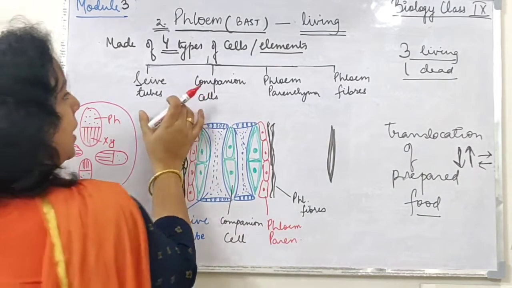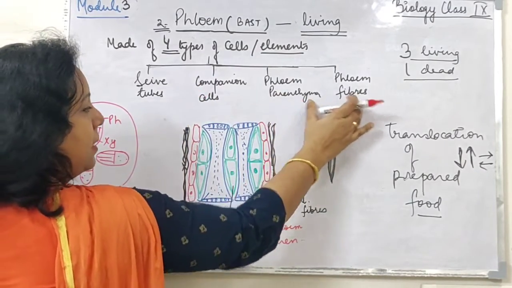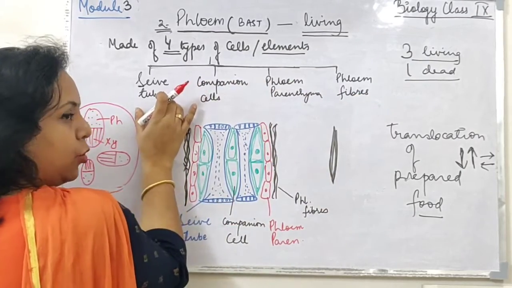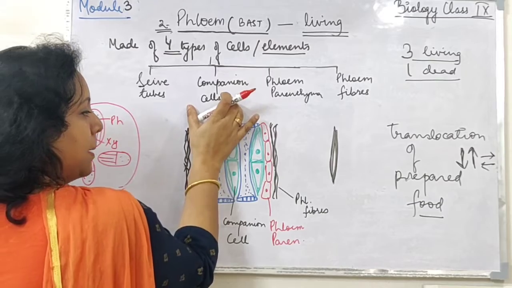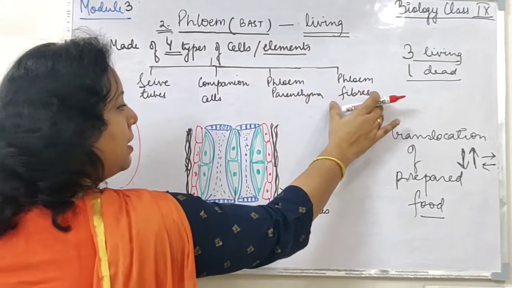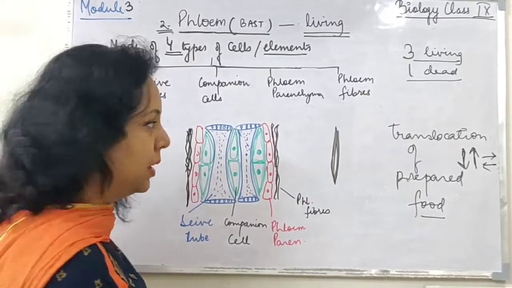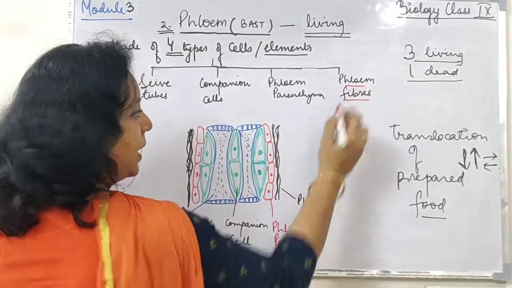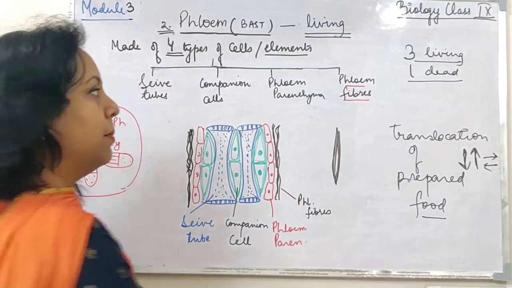Now, these are the names of four elements: sieve tubes, companion cells, phloem parenchyma, and phloem fibers. By the name only you can make out phloem fiber.